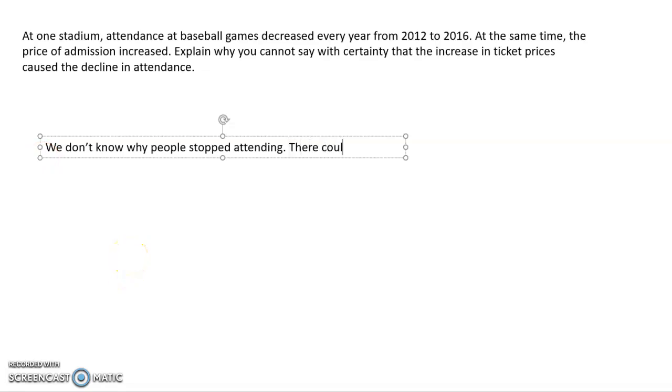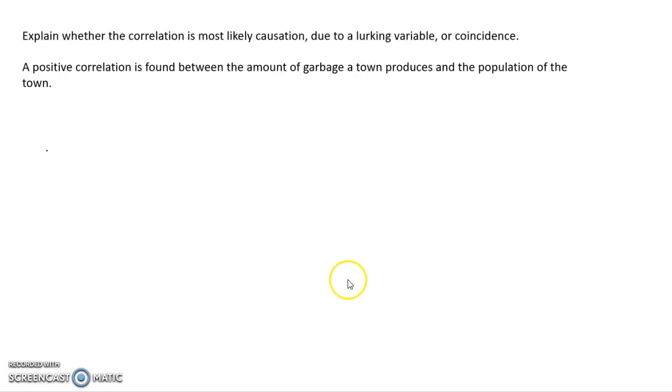So there could be other reasons. Maybe people don't like the team anymore. Maybe the local team has decreased in popularity. So there could be a lot of other factors that are causing the decrease in attendance. So we don't know necessarily that there is a cause and effect relationship between the increase in ticket prices and the decline in attendance.